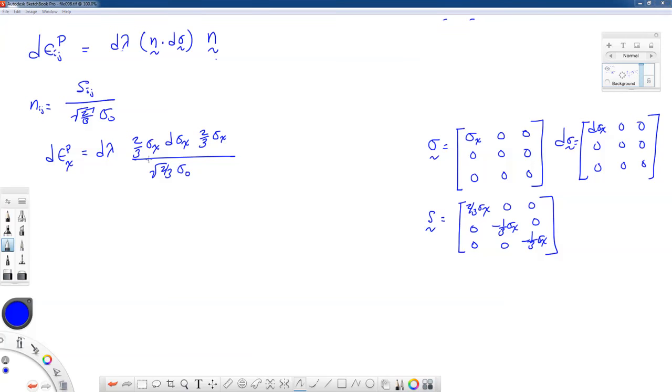I need to square this down on the bottom because I have an n here and n here. That term is actually squared right there. Okay, so I have 2/3. I have a sigma x squared. It's my d lambda. I have square root of 2/3 sigma naught squared. I need another 2/3 on the top, and I need a d sigma x on the top as well.